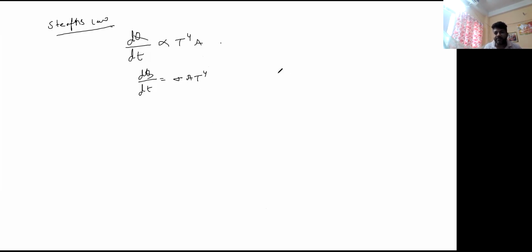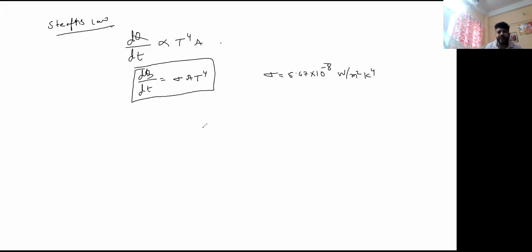Sigma is a constant, it's called Stefan's constant. The value is 5.67 into 10 to the power minus 8 watt per meter square per Kelvin to the power 4. So on that basis, this is one part.